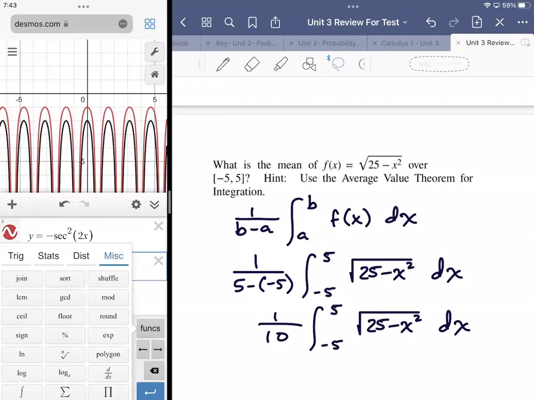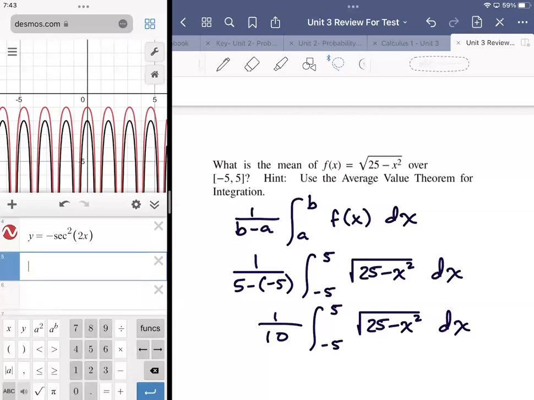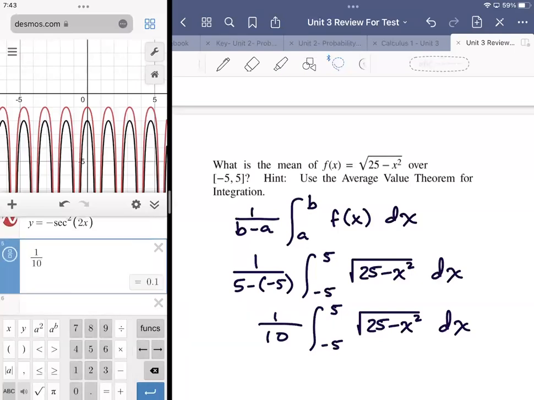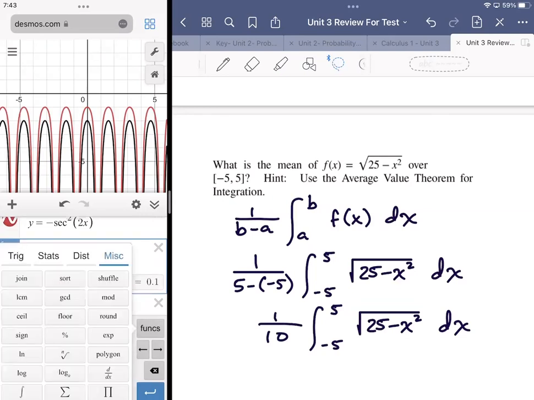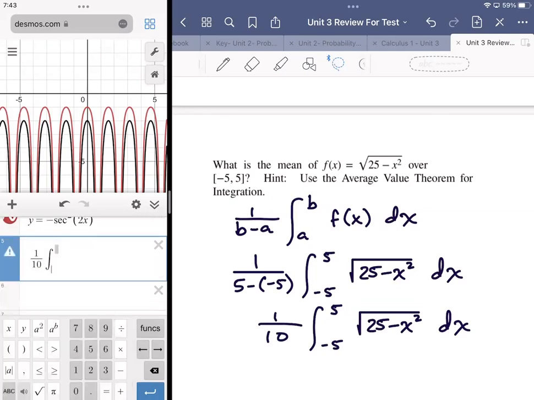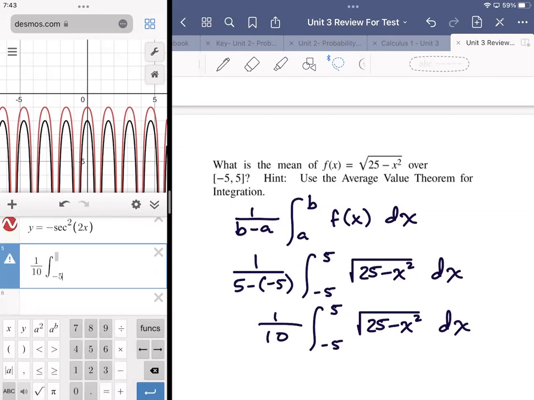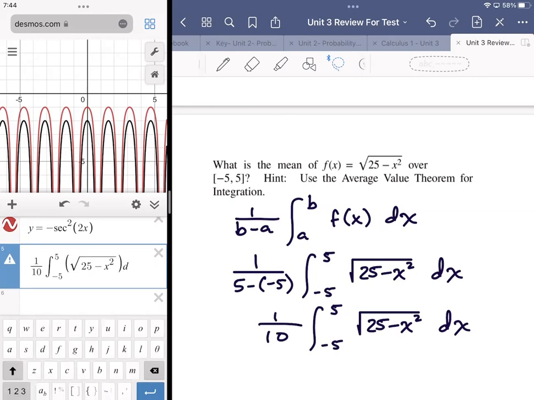And then, sometimes, just read the questions on the test, because sometimes I don't even ask you to give the answer. Sometimes I say, write an expression that could be used to find the average value over the interval. So in that case, I'm not looking for the answer, I'm just looking for the function. So pop it in, slap a dx on it, and call it a day.